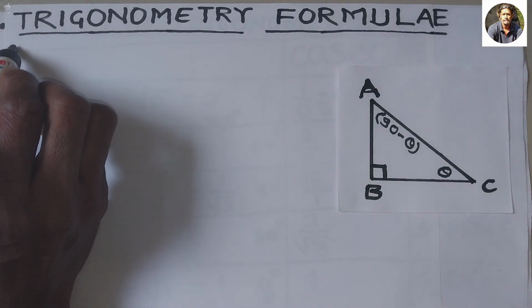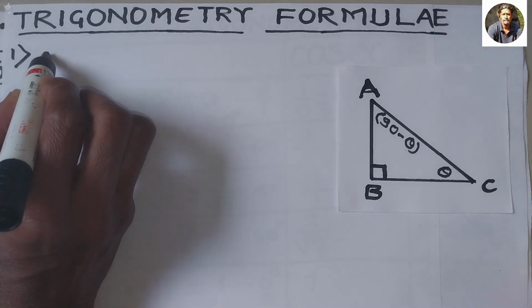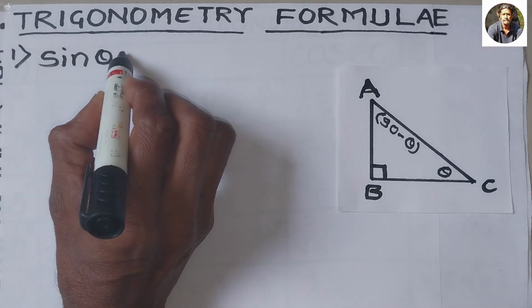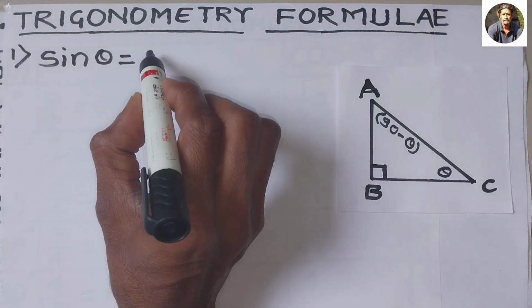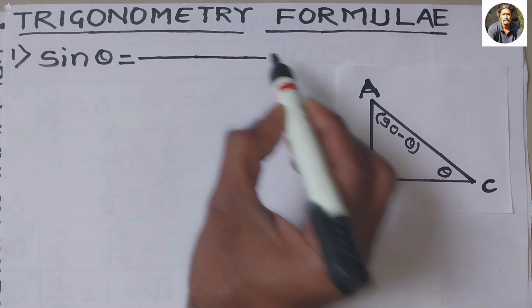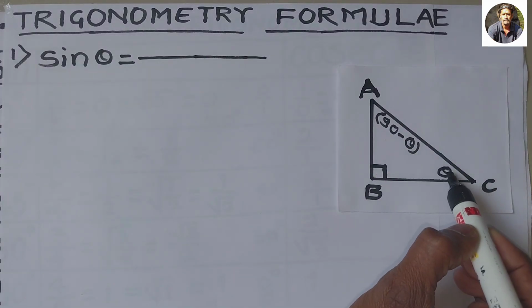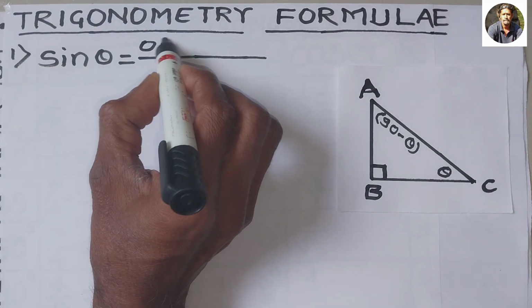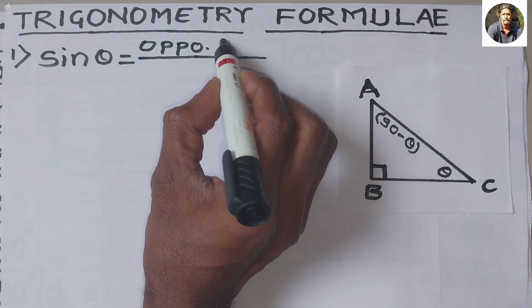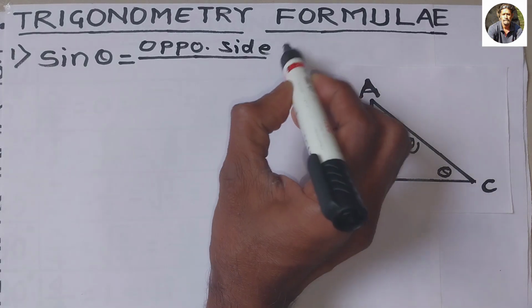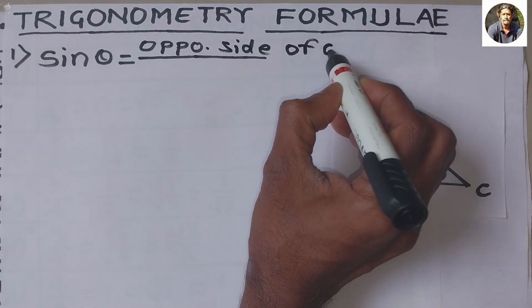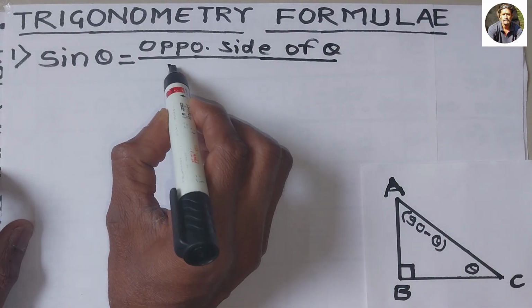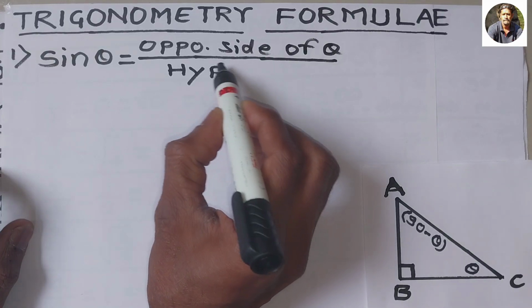First one, that is sin theta. Sin theta is equal to opposite side of angle theta upon hypotenuse.